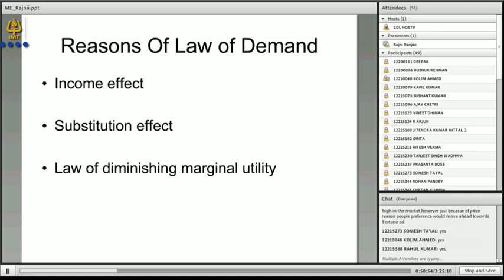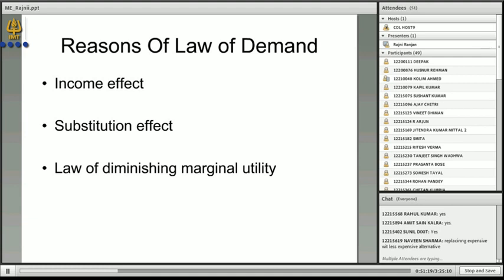Now I'll come to the last reason that works out for the law of demand, the law of diminishing marginal utility. To define this reason, I will ask you, what is utility for you?